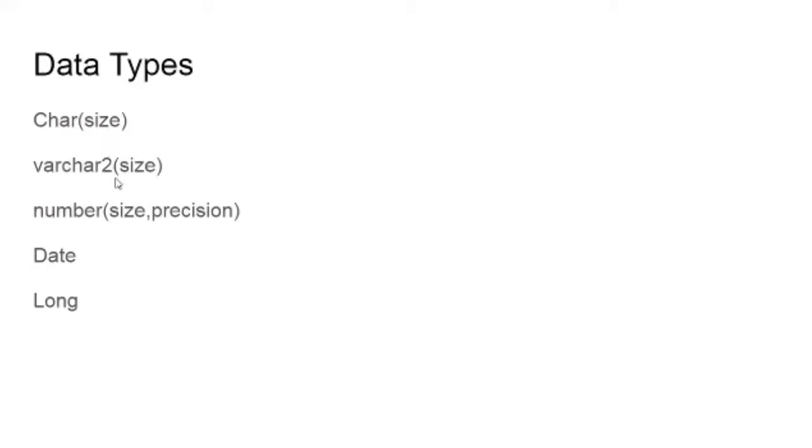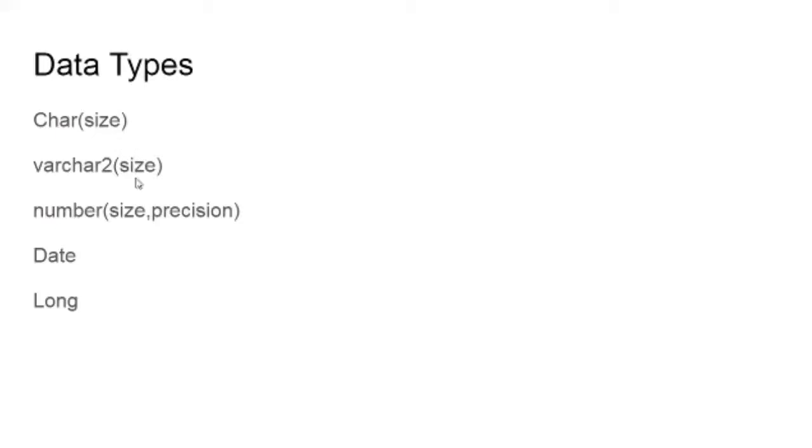In varchar2, it is not like that. It is varying, the memory size will vary, but only up to the mentioned size. For suppose if I mention 10, it is able to vary from 0 to 10. But with char, 10 it can't vary.